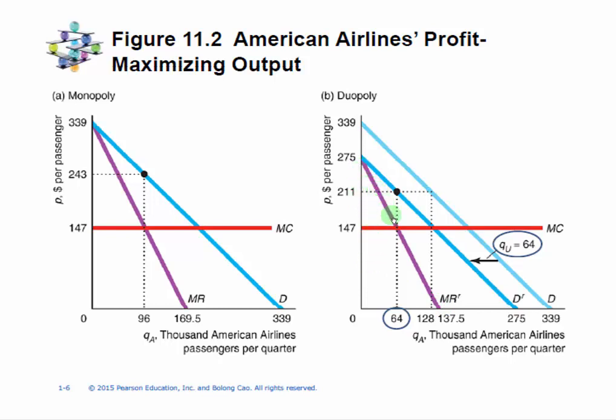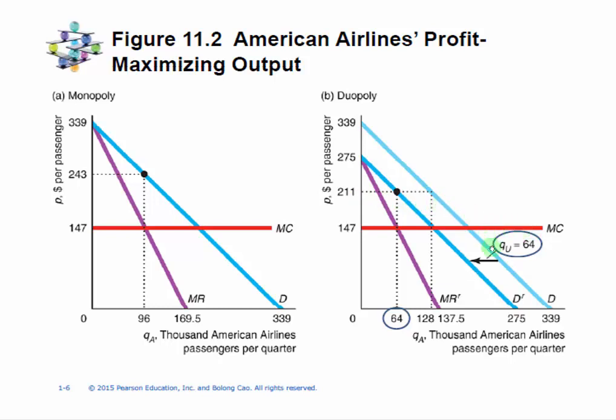And given that residual marginal revenue function, American Airlines can maximize its profit by using our profit maximization rule, marginal revenue equal to marginal cost, to determine the profit maximizing output quantity, which is 64. And then we see a market price of $211. That's the end of this reasoning.